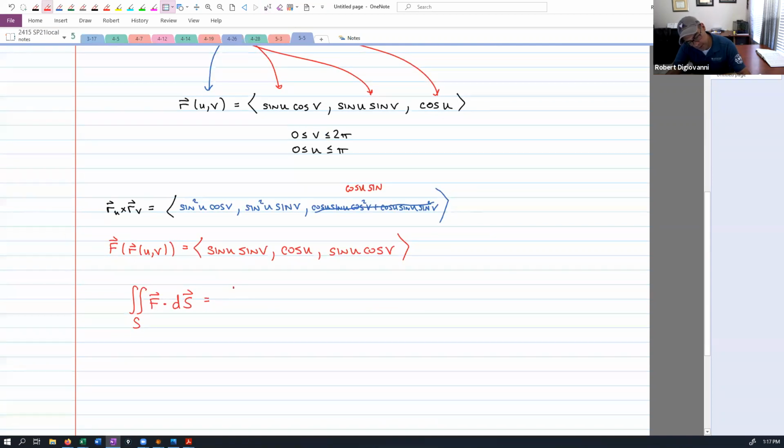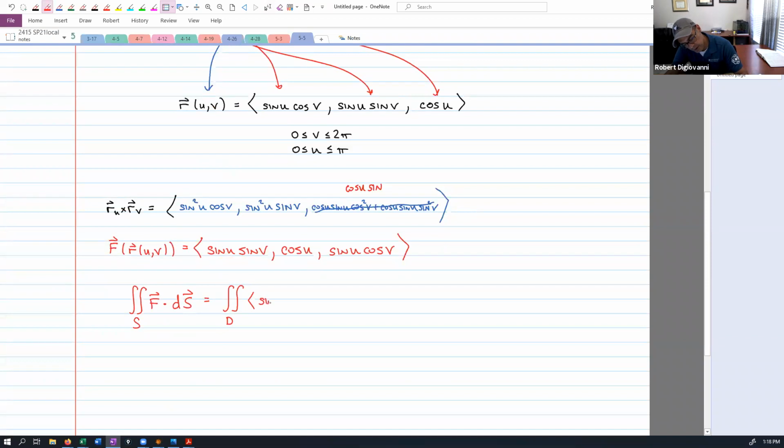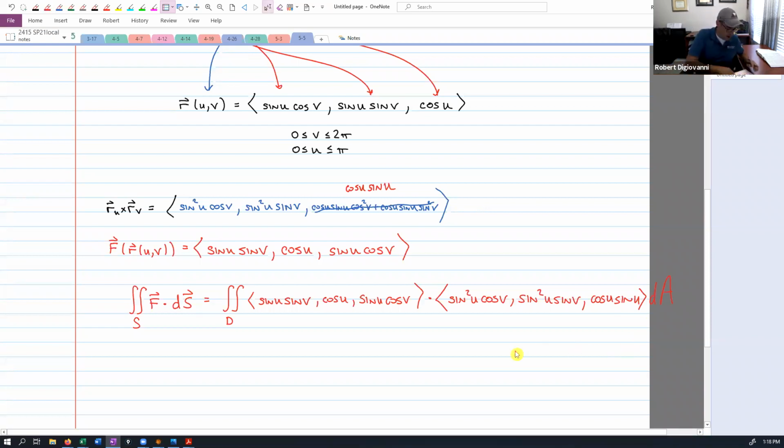So this will be the double integral over D of F evaluated along the surface, which we know was this vector sine u sine v, cosine u, sine u cosine v, dotted with the cross of the partials, which is sine squared u cosine v, sine squared u sine v, and then cosine u sine u. I'm missing a u right there. dA.